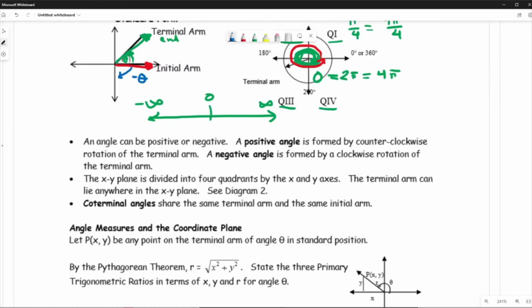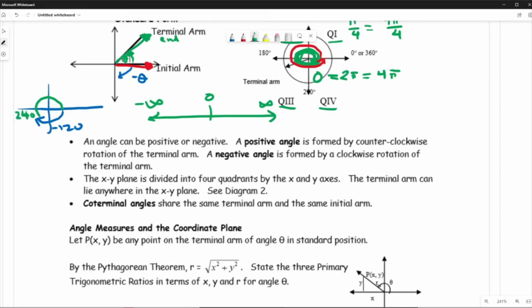Now, of course, no one ever has to work with a negative angle, because if I tell you to draw negative 120, someone might say, well, sure, I could draw negative 120, but why don't I just draw a positive angle? I know 90, 180, and if I went all the way down here I'd get to 270, but I don't want to go all the way down here, so I'll get 240.